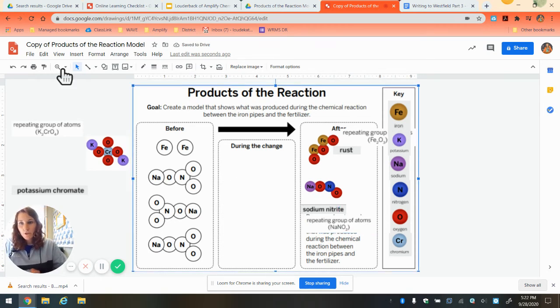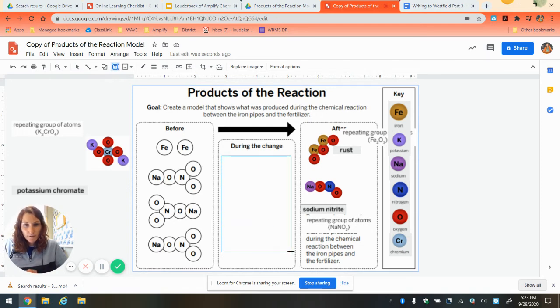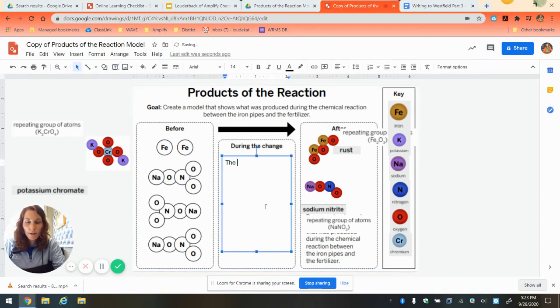So in my little reaction here, I'm going to make a text box and explain what happened. Okay, that the iron atoms in the pipe reacted with the fertilizer sodium nitrate during a chemical reaction.